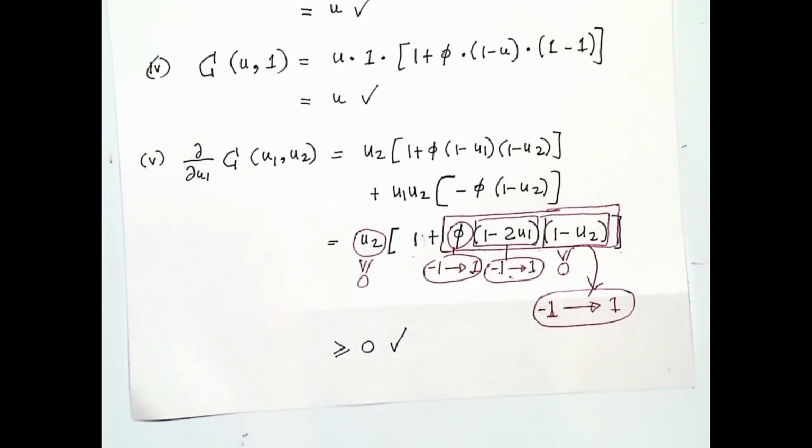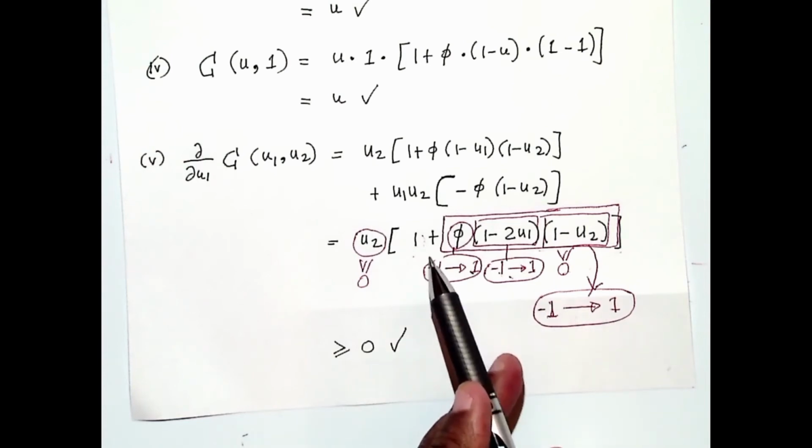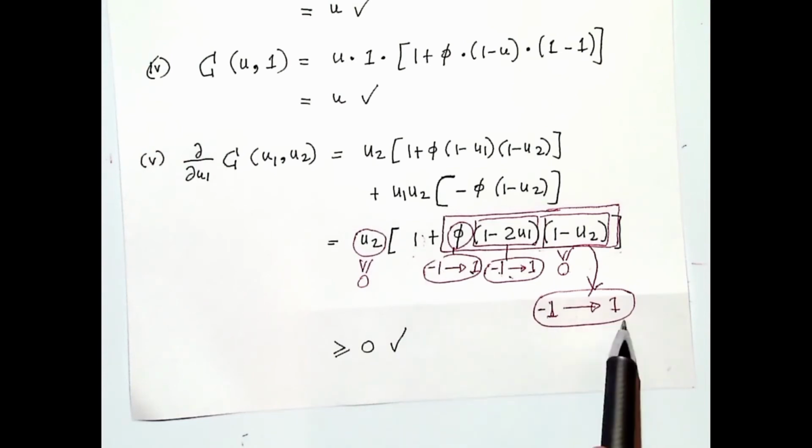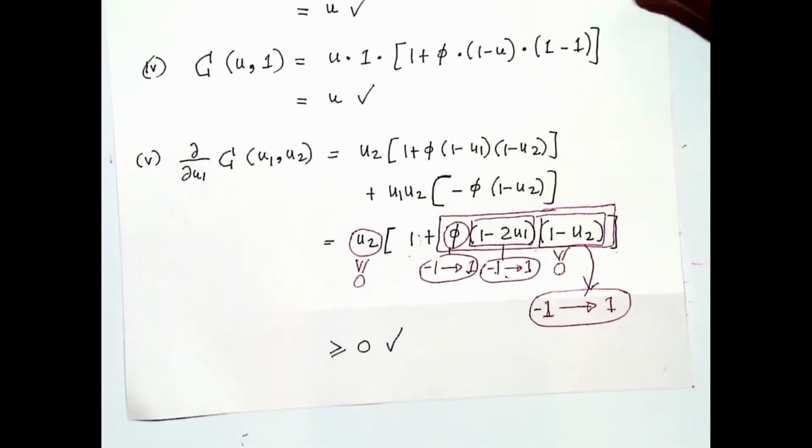I hope you follow my argument, right? The reason for that: the product of the three terms takes values from minus 1 to plus 1, but if you add a positive number, plus 1, to this range, it must take values from 0 to 2, which is non-negative, right? Okay. So condition 5 is satisfied.